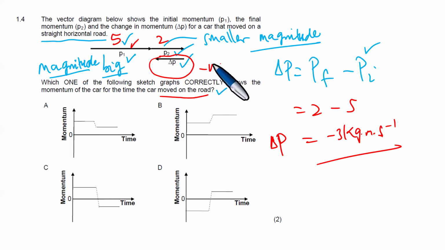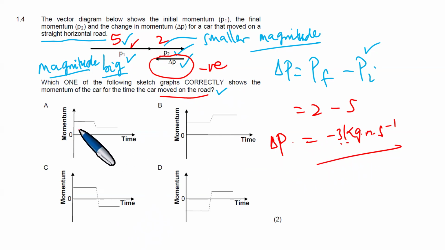It makes sense to think of what happened in that case. If both of these were in the same direction, and then suddenly the change is in the opposite direction, it means the change was a negative change.